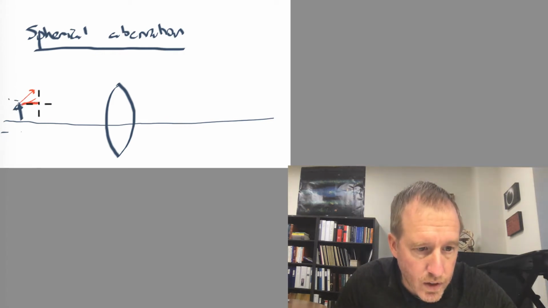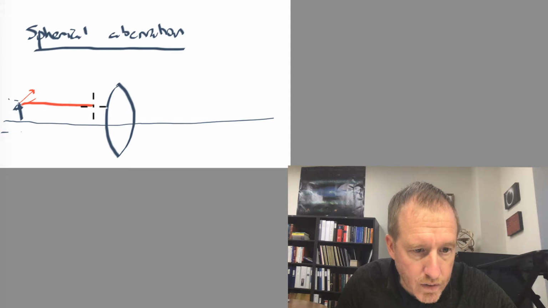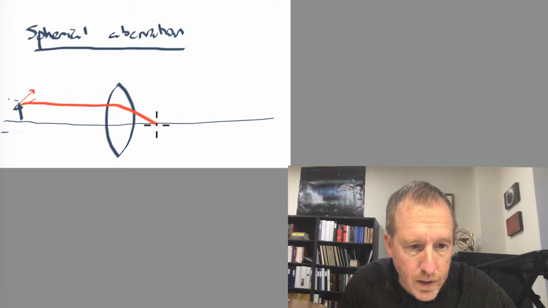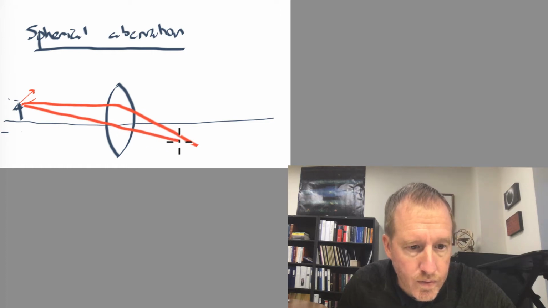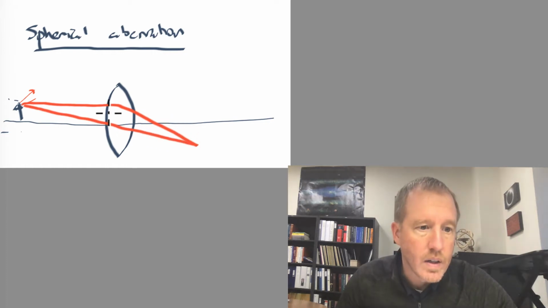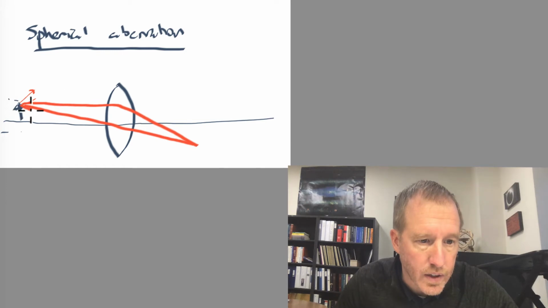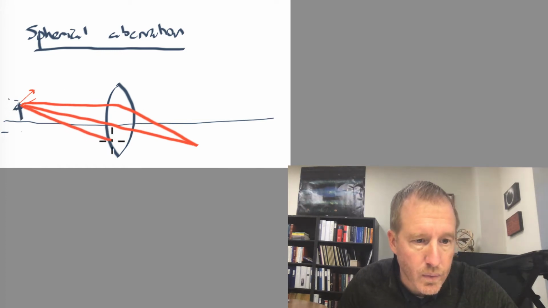So if you think about a ray of light like this, and then it's bending like this, and another ray of light here that is going through the center of the lens, and then another ray of light, let's say like here, it's going more through the bottom of the lens.